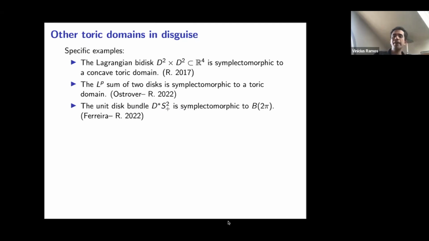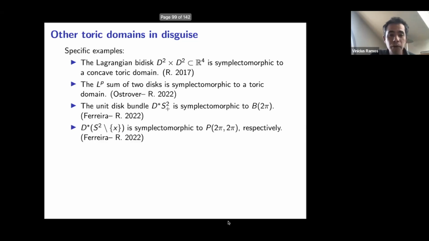Another recent example is if you look at the unit disk bundle of a hemisphere, that's symplectomorphic to a ball. This result was also published last year and uses similar techniques, but I also think it's a little bit surprising. Although I think it was known in some other ways that the Gromov width was 2 pi, we can actually prove the symplectomorphism of the disk bundle of the hemisphere.